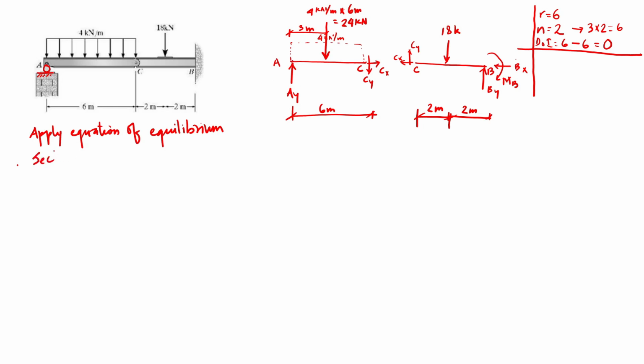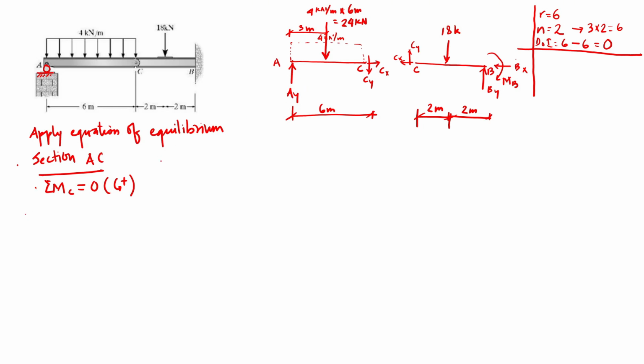So let's look at section AC. In section AC, let's take the summation of all the moments at point C equal to 0, considering counterclockwise positive. Then if we take moment at point C equal to 0, what are the forces that are causing moment at this point? First is AY.